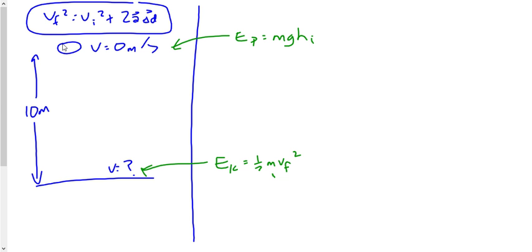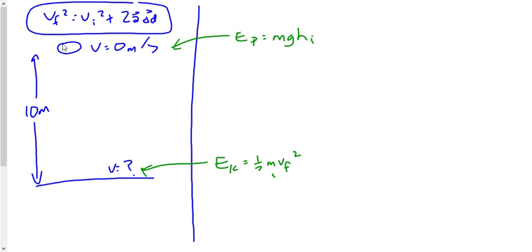That's what we call the law of conservation of mechanical energy. The law of conservation of energy says you can't create energy. You can't destroy energy. You learned about that last year in Science 10, called the first law of thermodynamics. It's the same thing. You can only transform energy from one type to another.